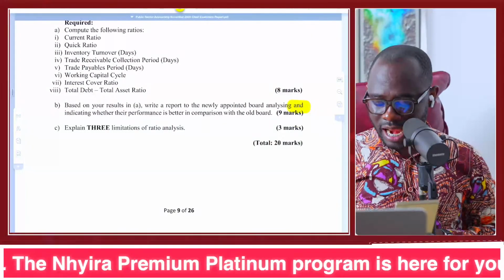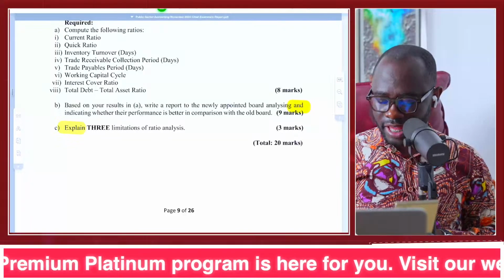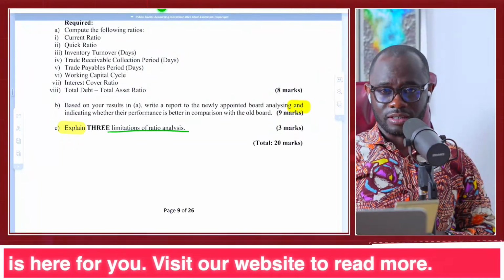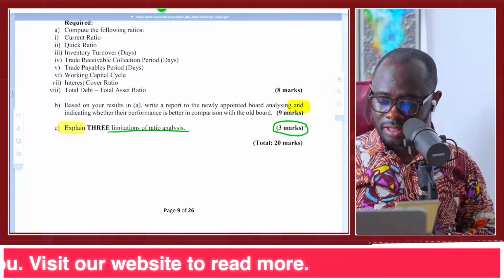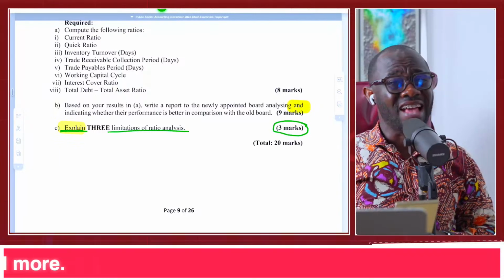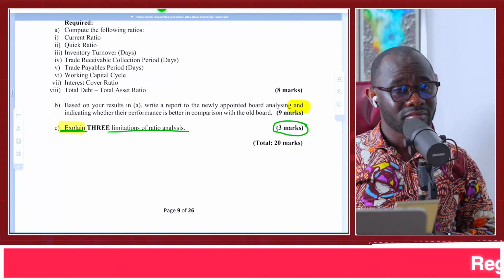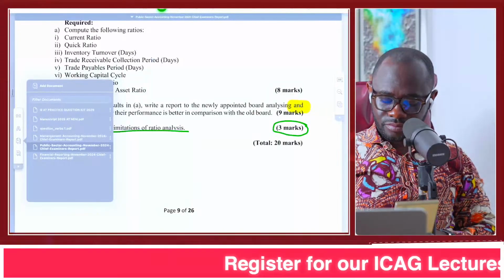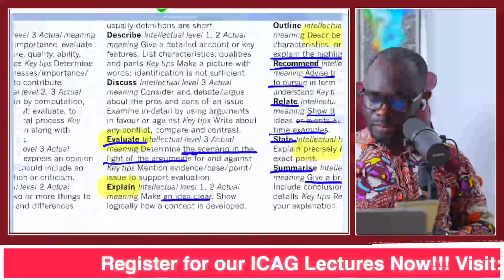Then, explain 3 limitations of ratio analysis. Now, how many marks is there? 3. But what verb did the examiner use? Explain. Now, what did we say explain means?